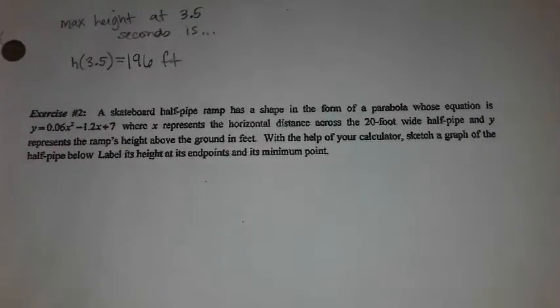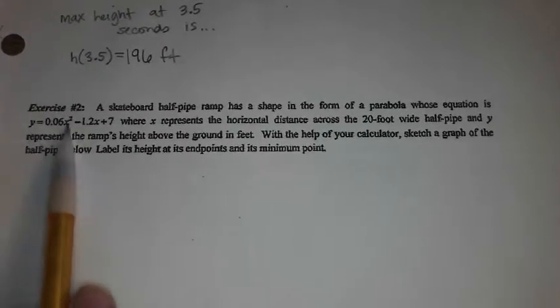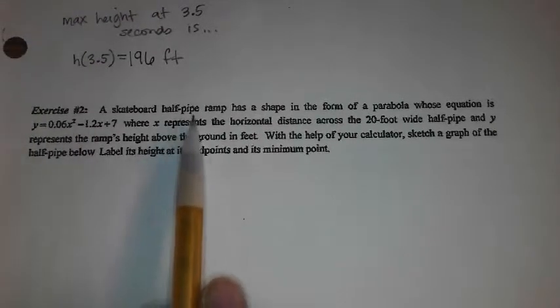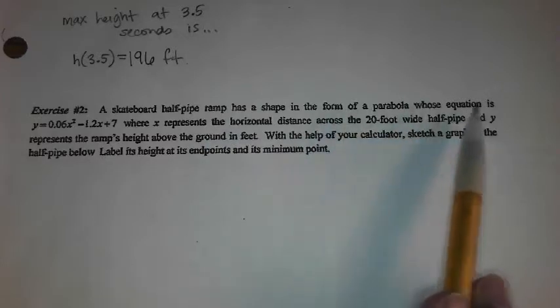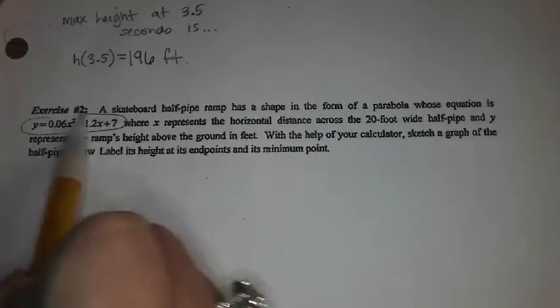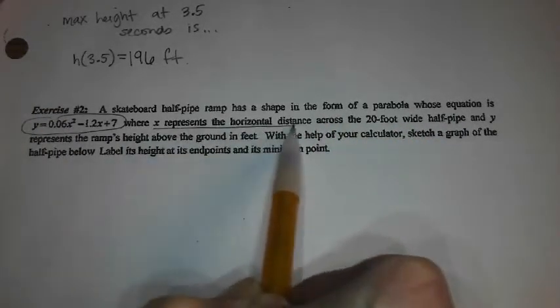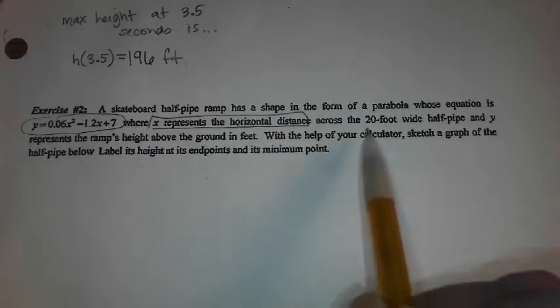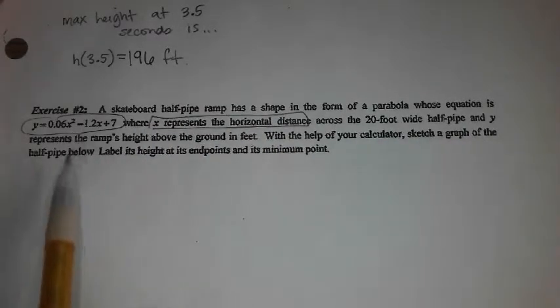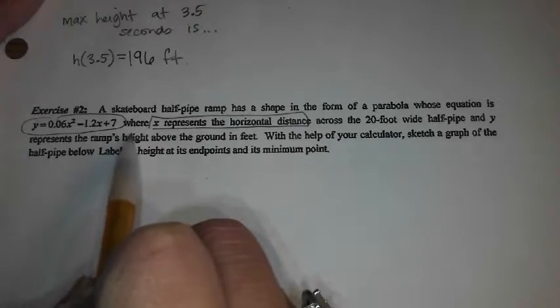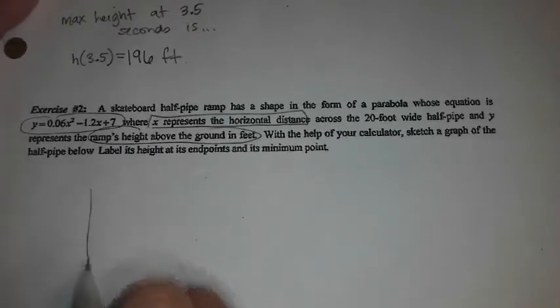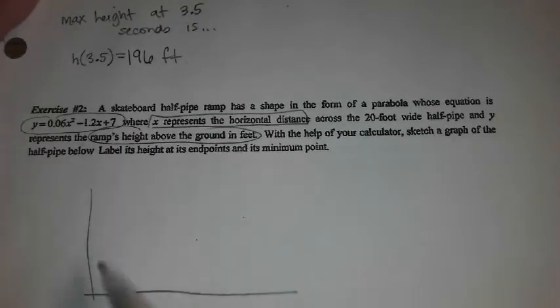All right. Exercise 2, different equation, but let's read into what y and x stand for. A skateboard half-pipe ramp has a shape in the form of a parabola whose equation is this, where x represents the horizontal distance across the 20-foot wide half-pipe, and y represents the ramp's height above the ground. So you're going to have something that looks like this.